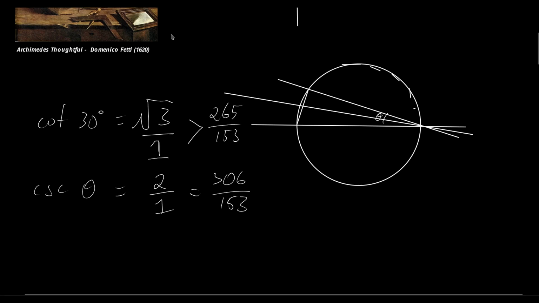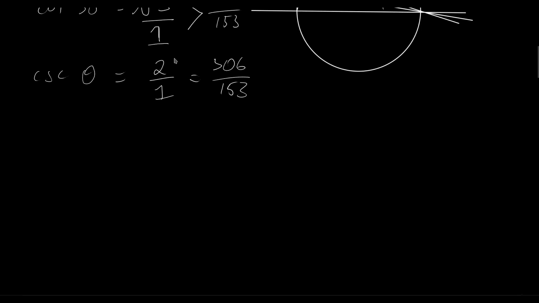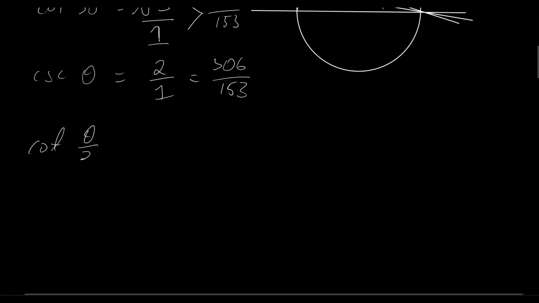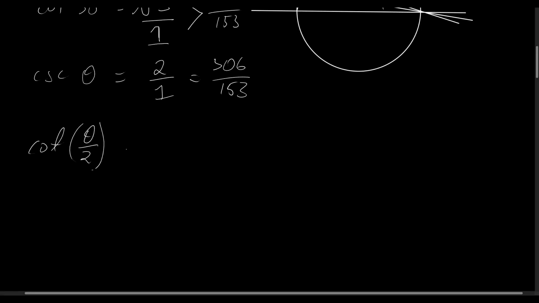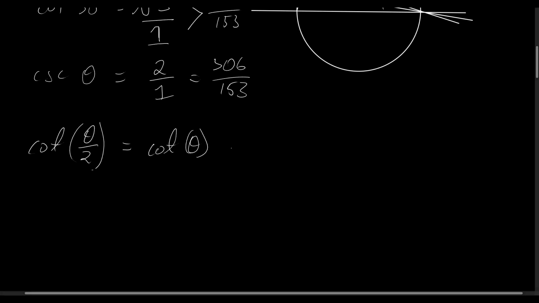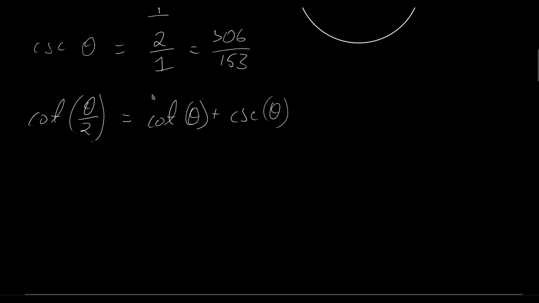In modern formulation, we say that that's the cotangent of theta over 2, because he bisected the angle, which is equal to the cotangent of theta plus the cosecant of theta. So he can use those previously calculated ratios to get the cotangent of the half angle, right?